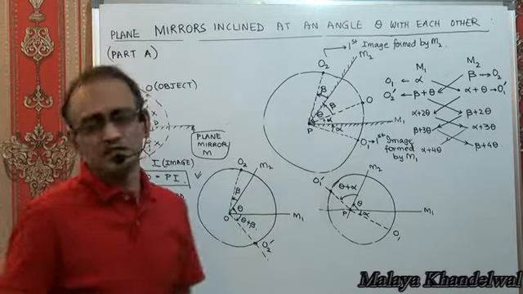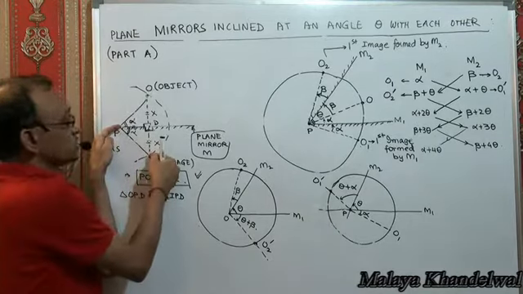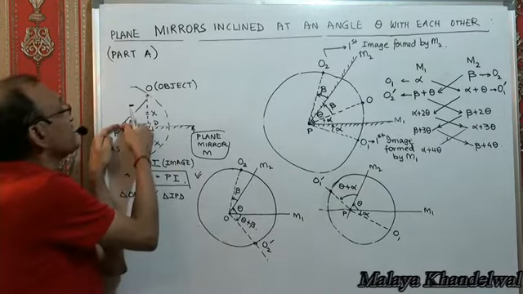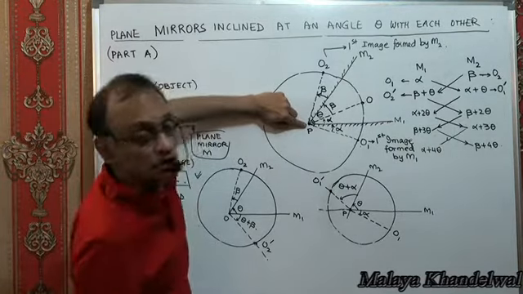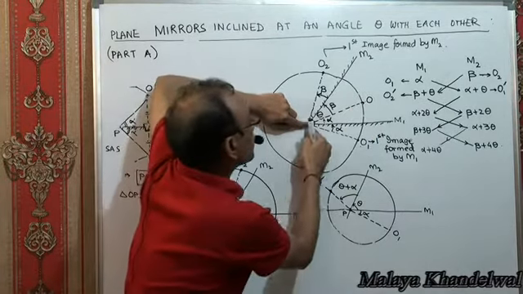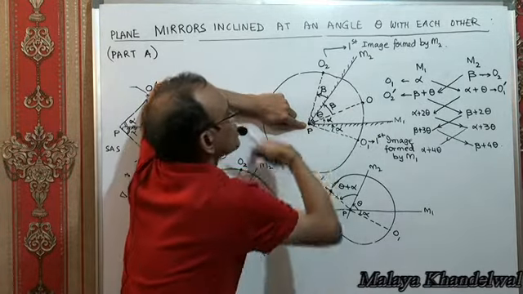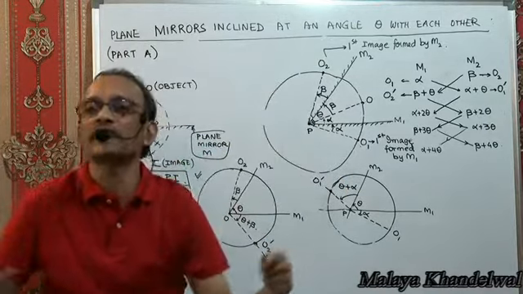Now I want to be able to geometrically locate the images. So first things first, do you realize that the object and the image will lie on a circle centered at P? That means if P is any point on this mirror and O is an object, then with PO as the radius, if I draw a circle, all images will lie on that very circle.